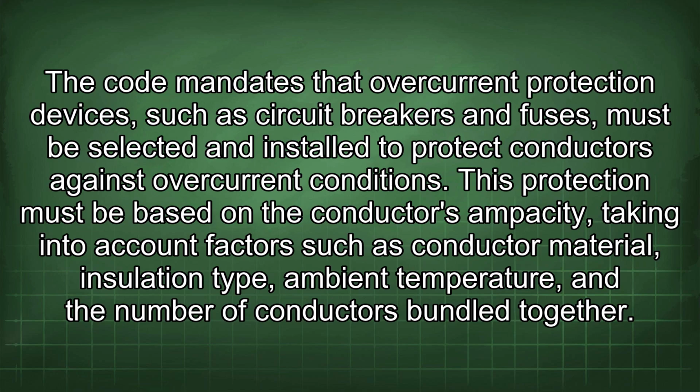The code mandates that overcurrent protection devices, such as circuit breakers and fuses, must be selected and installed to protect conductors against overcurrent conditions. This protection must be based on the conductor's ampacity, taking into account factors such as conductor material, insulation type, ambient temperature, and the number of conductors bundled together.